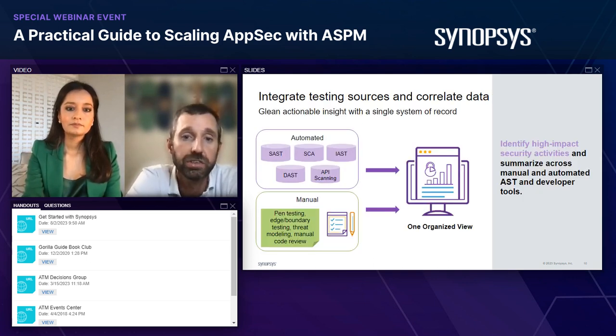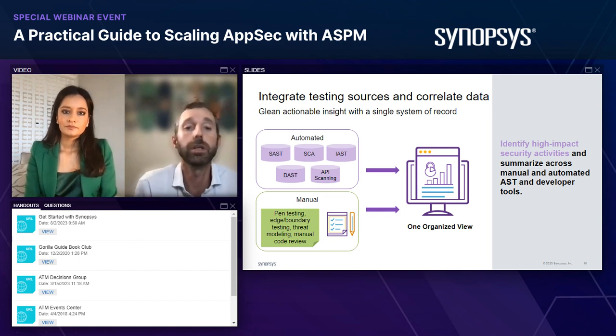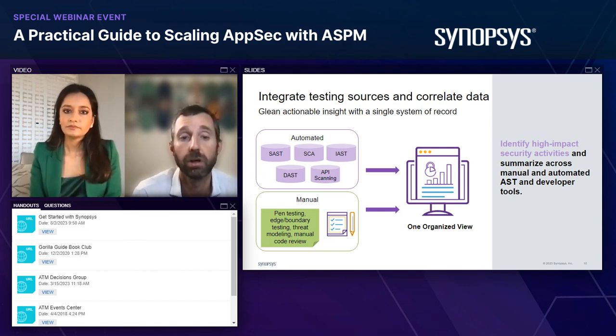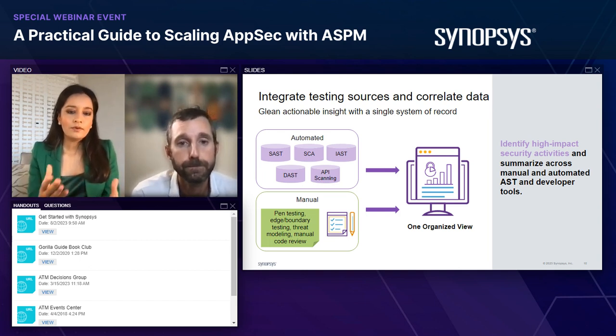With regards to discovery, we often look in terms of source code. It's often a nice element of discovery for a lot of organizations as well. So really what is required to make this all work is that your ASPM solution has to have a way of taking that data across whatever testing tooling that you have.